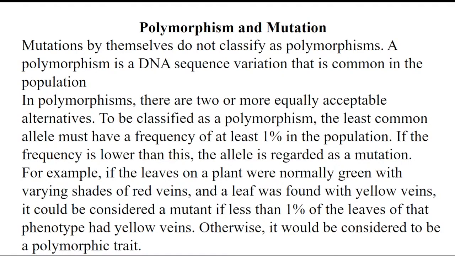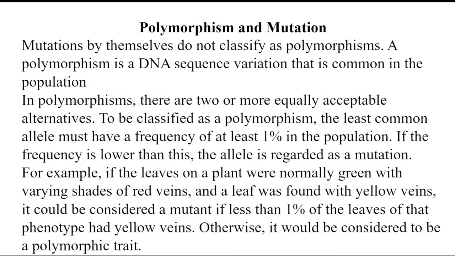If the frequency is lower than this, the allele is regarded as a mutation. So students, we call the mutation a genetic polymorphism if the frequency of this mutation is more than 1% in population. If the frequency is less than 1%, we call these changes of DNA rare mutations.